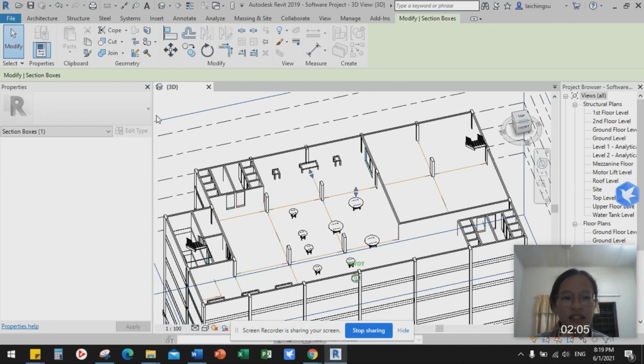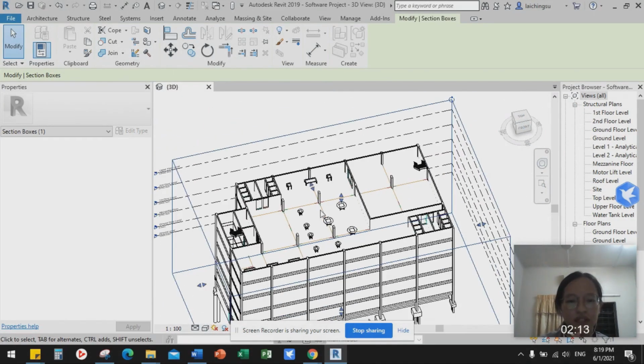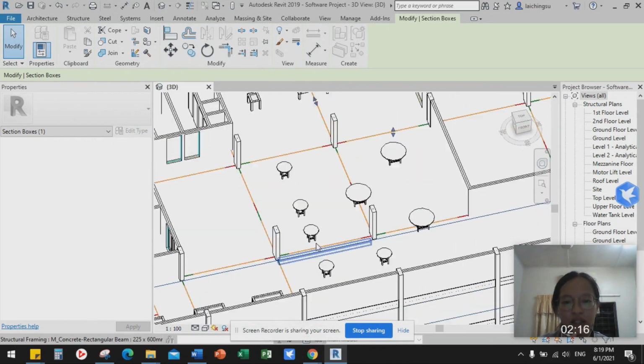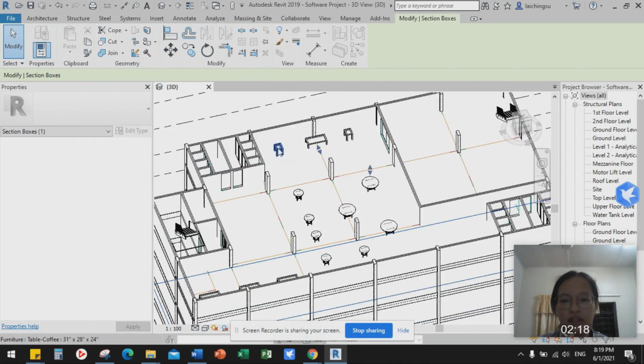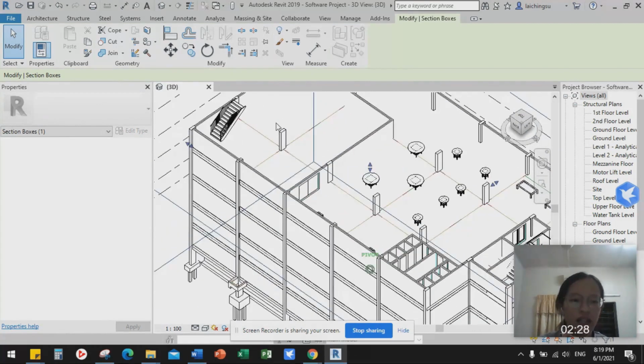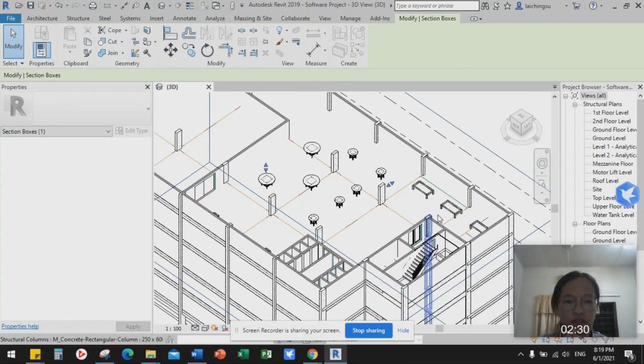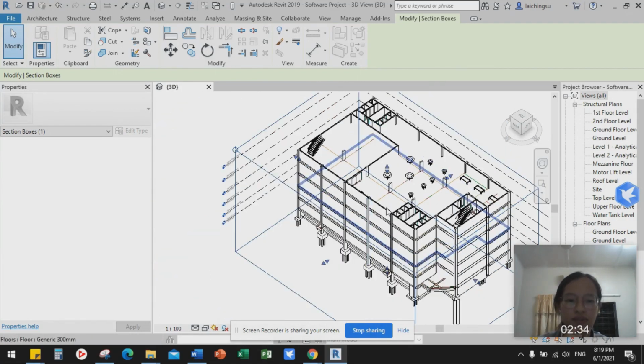Inside the kitchen we have a staff stair for the staff to send the food up to the rooftop. This is the table beside the window, where the customer can see outside the window. Then the one beside it also has a table. Now we look at the roof top.